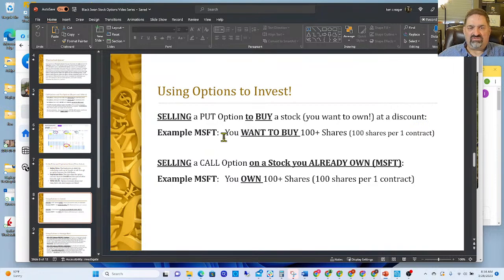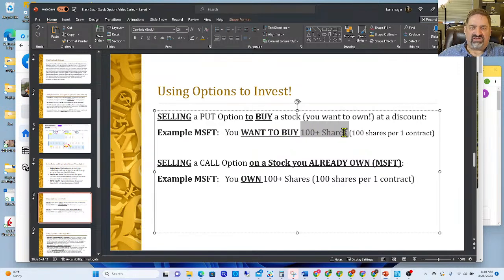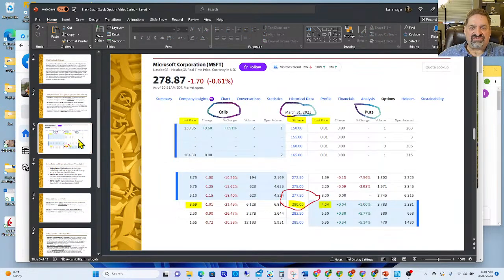For example, I want to buy 100 shares of Microsoft. Remember, you have to deal in lots of 100. If you get a contract, it's 100 shares. So maybe I have $27,000 and I want to invest it into Microsoft. So I sell this put at $280 and I get $4.